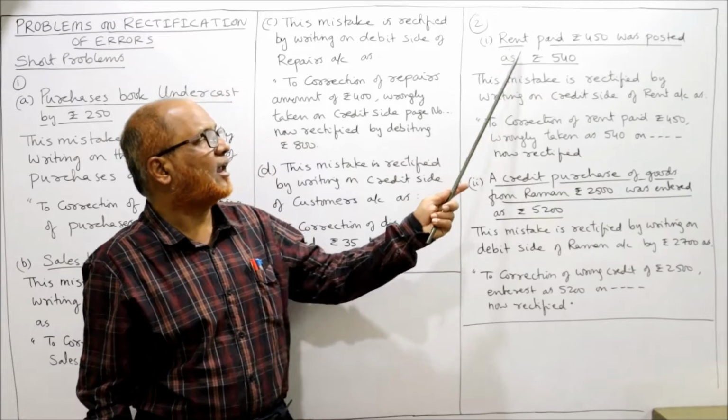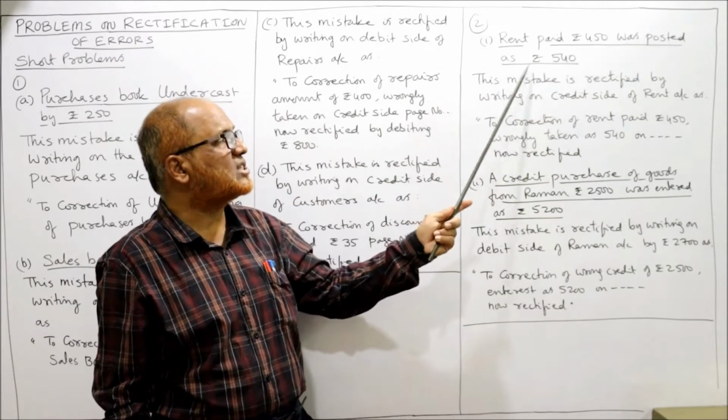Now formally, rent paid rupees 450 was posted as 540.